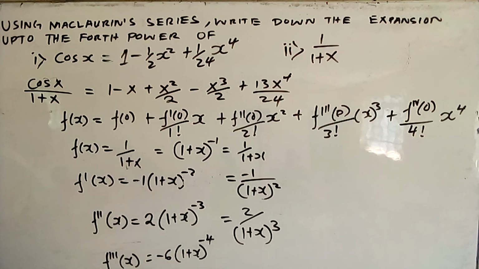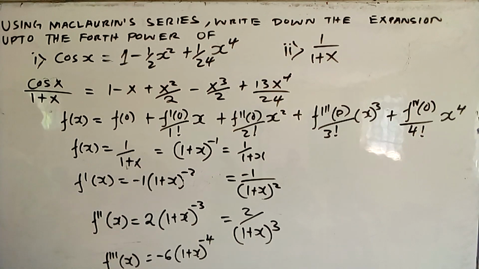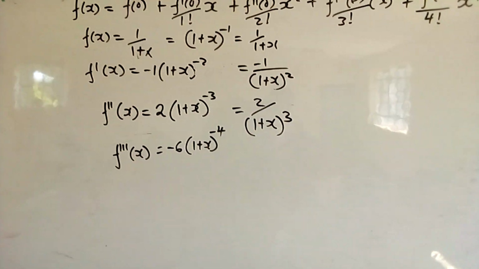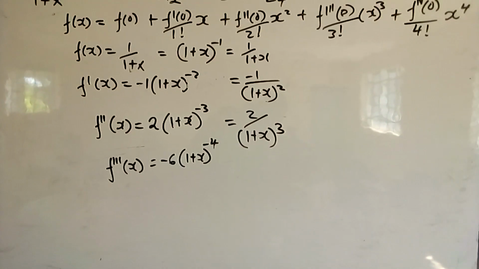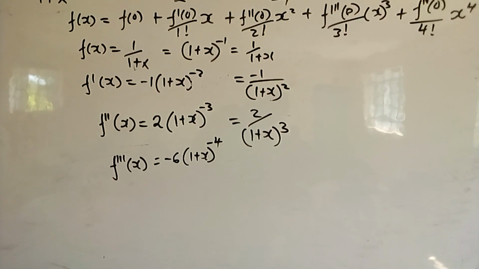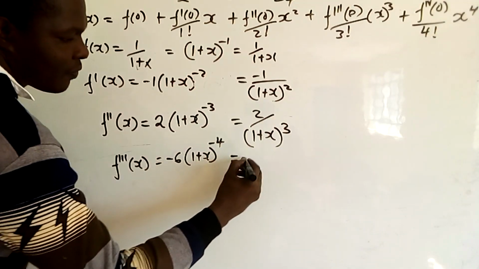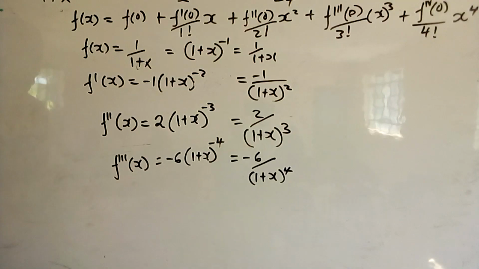Negative 3 minus 1 is negative 4. The derivative of the inner function is just 1, isn't it? So if you write it in the simplest form, negative 6 over 1 plus x raised to power 4. So you are done with that.